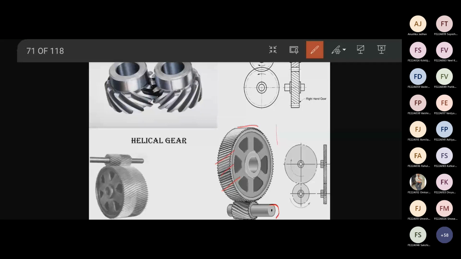Helix angle of this gear is on this side and helix angle of this gear is on the opposite side. That is how helical gears are there, right? Now engagement of teeth happens from one end to another end, smooth engagement. That's why in high speed applications, these helical gears are used, right? But its cost is more.